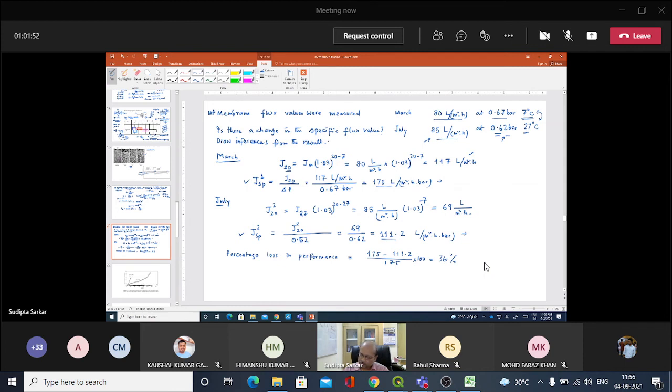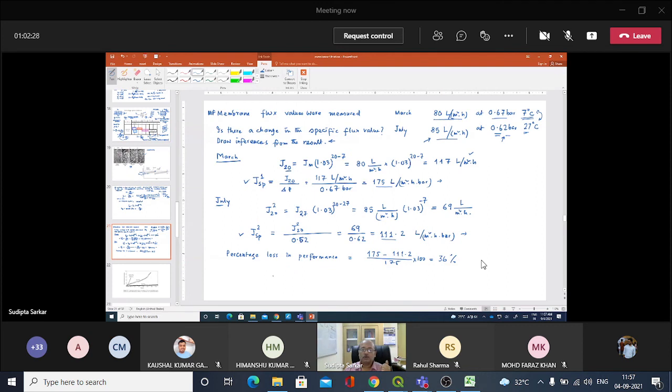Drawing inferences from this result, seemingly the specific flux value has declined from 175 to 111. So seemingly the membrane, although it seems to operate at a lower pressure during July, has had a loss of performance of 36%.